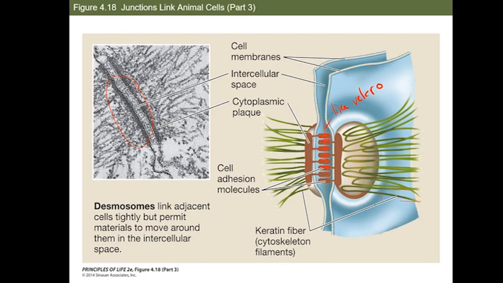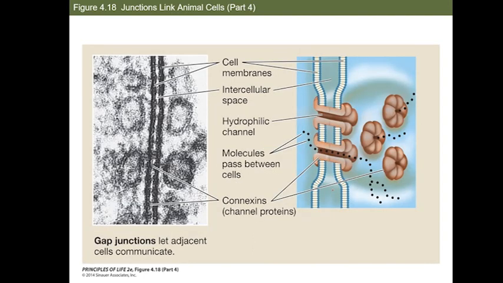And they allow things to go through. And then you have your gap junctions, which allows cells to communicate quickly. You can see those here, and stuff can go through.